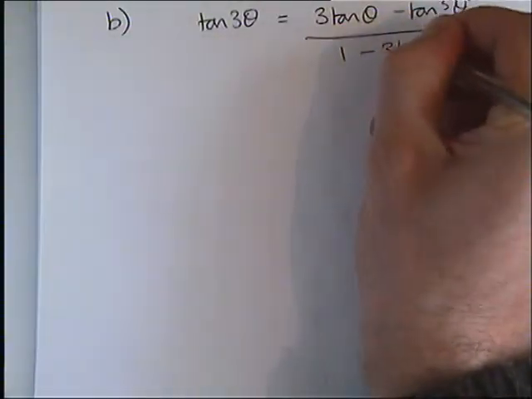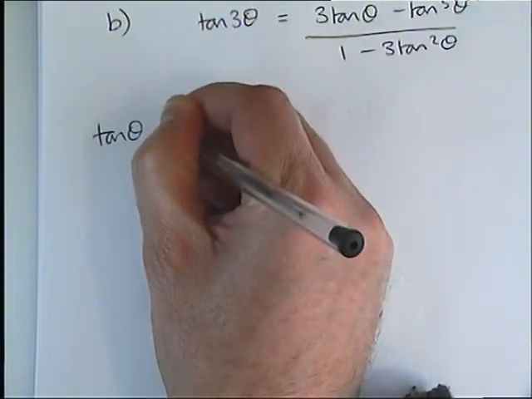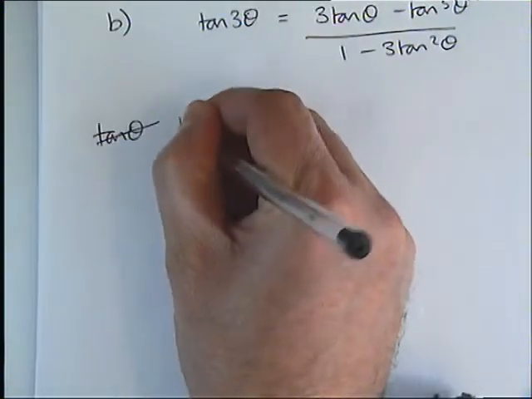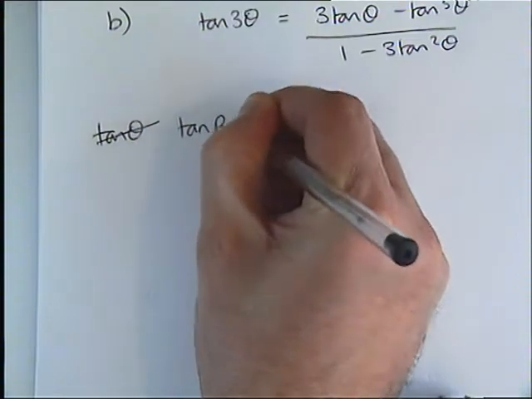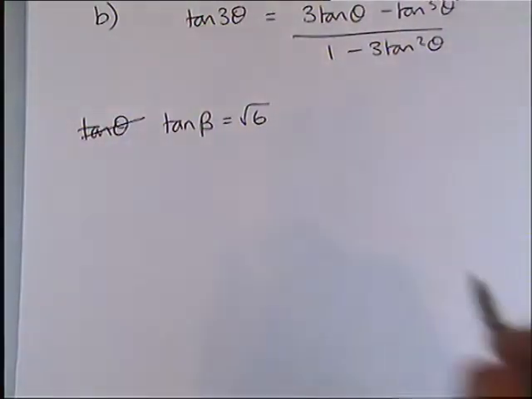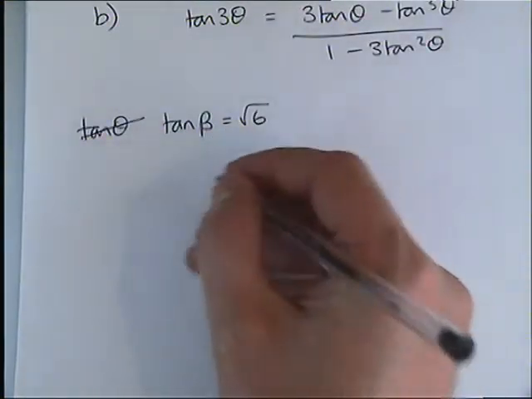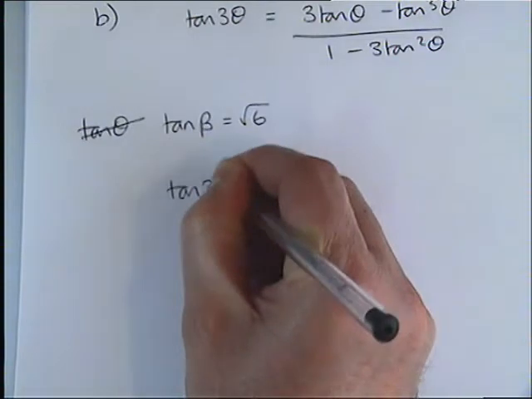So there's our result from part A, and we've been told that tan beta equals root 6. So what they're asking us to do is use this information to say something about tan 3 beta.